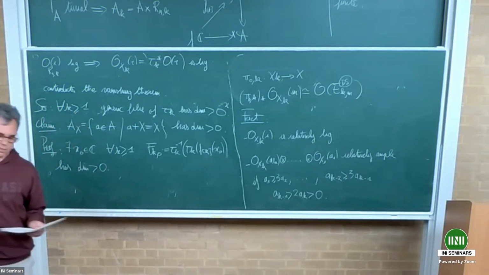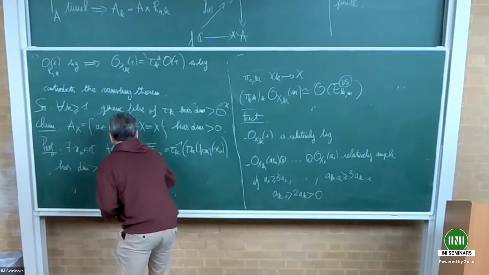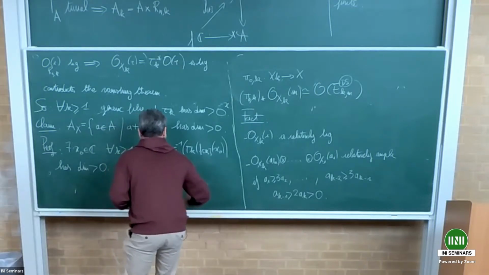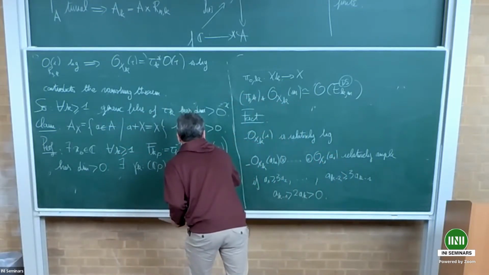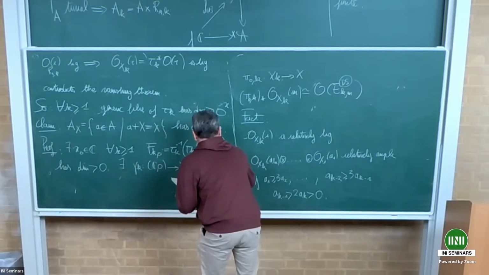So this means that there exists a germ of a non-constant holomorphic map such that gamma_k(t) is equal to z_t lambda.